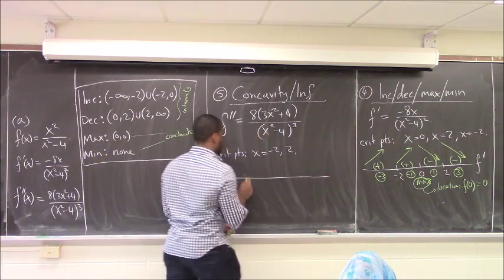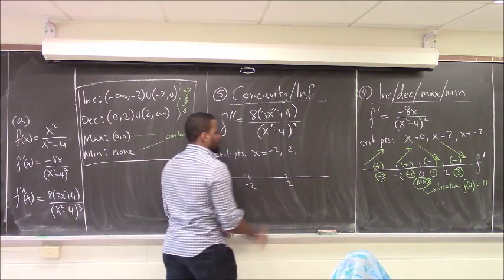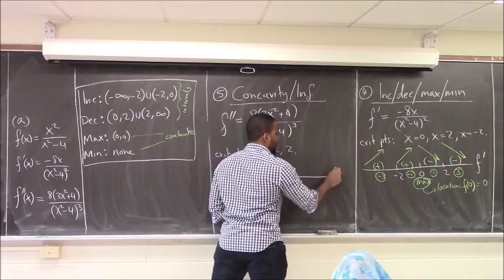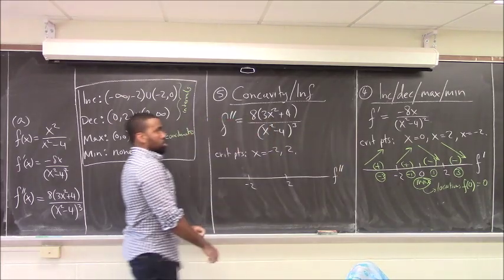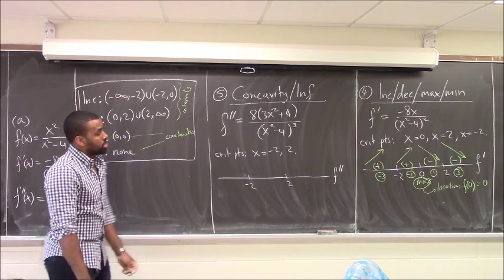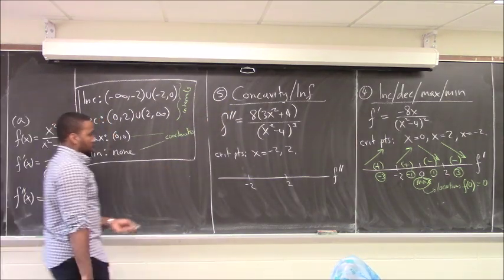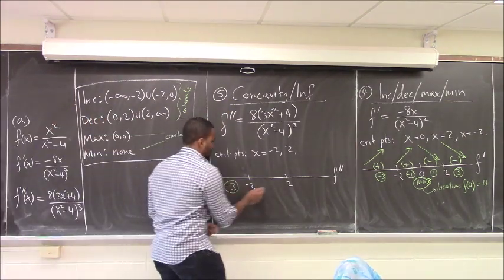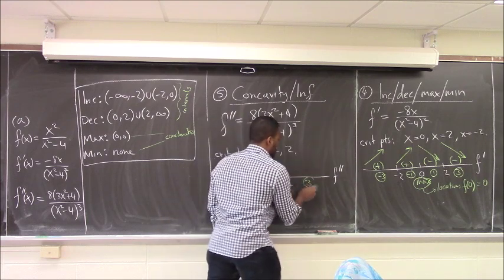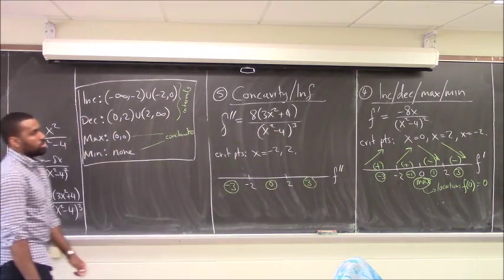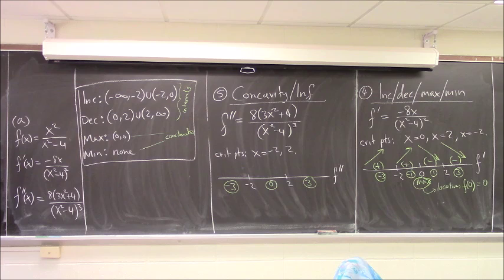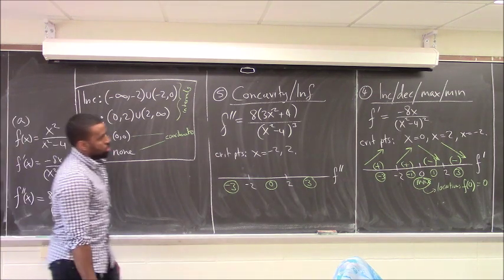And again, we're going to test this on the number line. The difference is we're testing this in the second derivative because we're looking for concavity and inflections. So again, pick some random numbers.